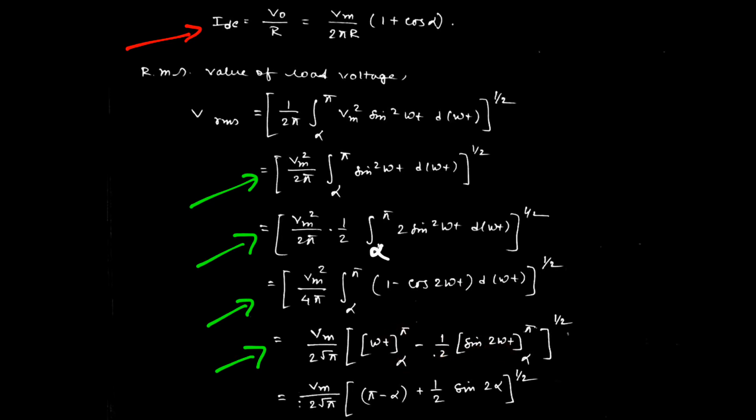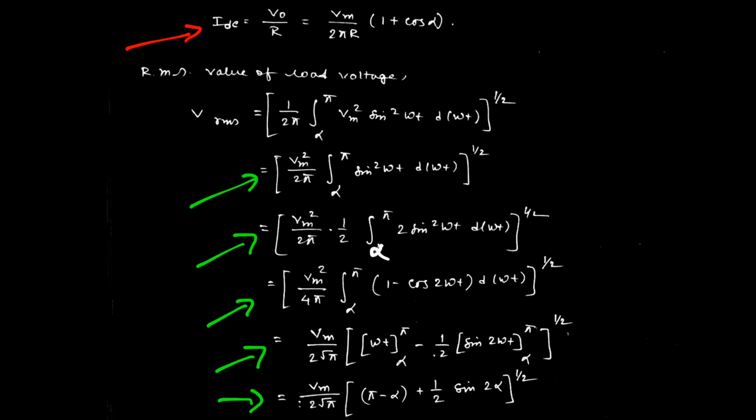Considering the upper limit and lower limit of the expression, we can say that it is Vm by 2 root pi under bracket pi minus alpha plus 1 by 2 sin 2 alpha, under root. So this is the final expression for the RMS value of load voltage.